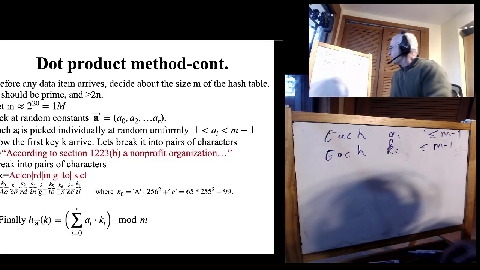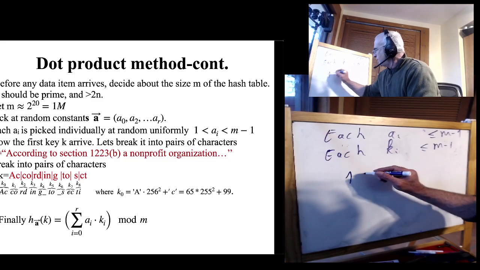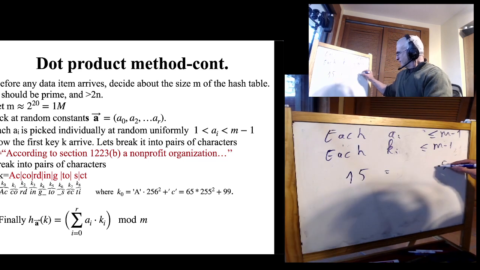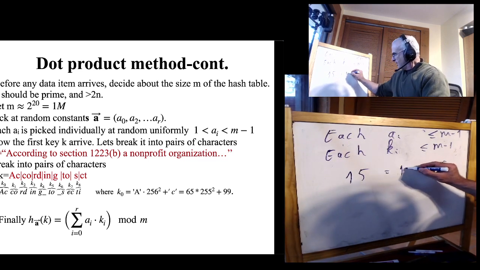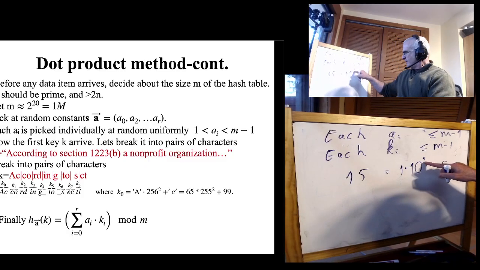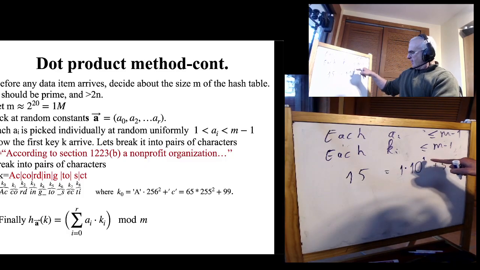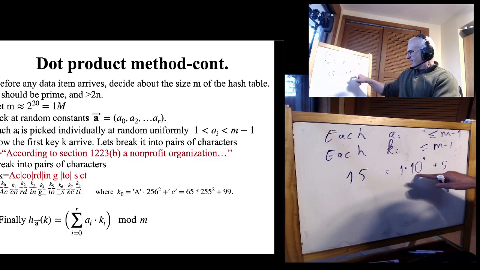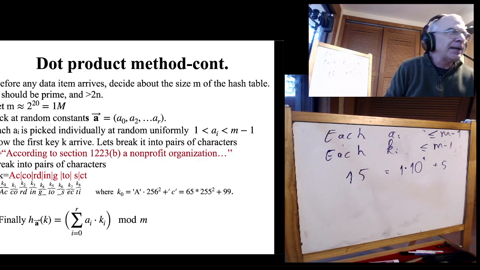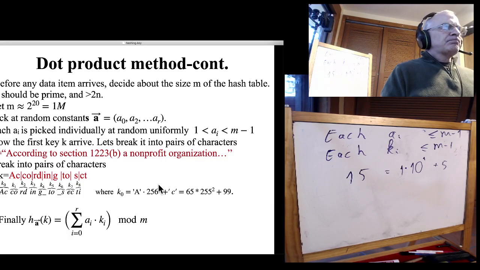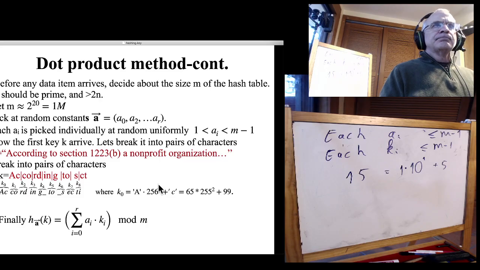If I want to understand what the number 15 tells me, it is 5 plus 1 times 10 to the 1, because I'm in base 10 when I'm understanding it. 255 is just the size of the ASCII, that's the number of characters that you have.